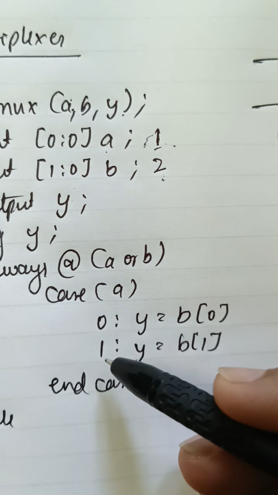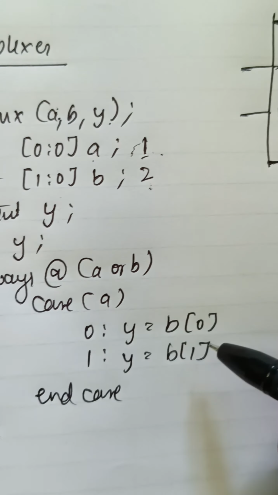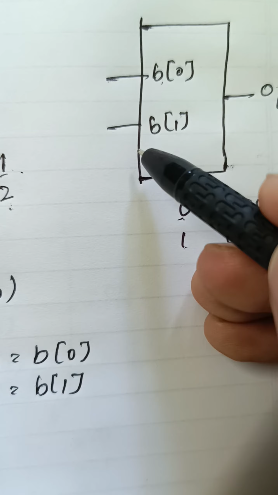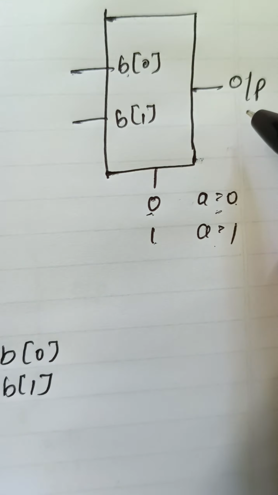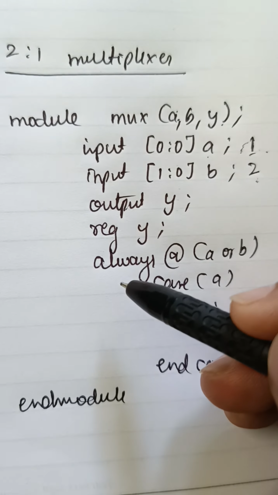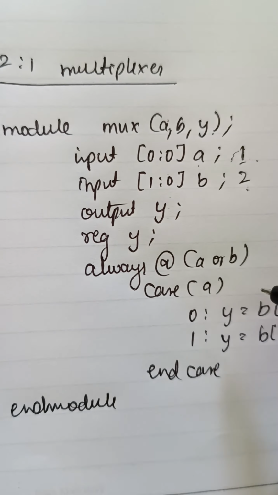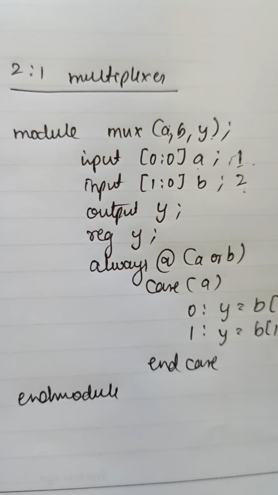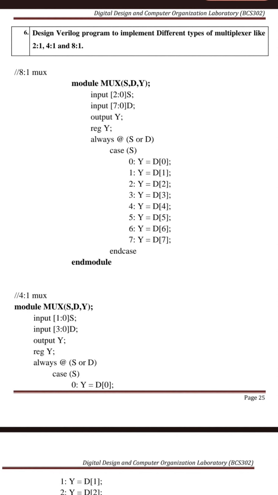If the select is 1, then Y will be B of 1, which gives the output. There are only 2 cases in this multiplexer. If we execute these programs in a simulator, you will get the respective outputs for the 8:1, 4:1 and 2:1 multiplexers.